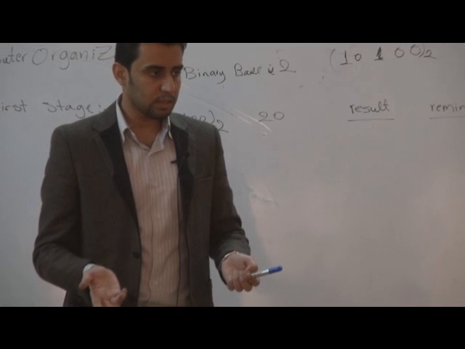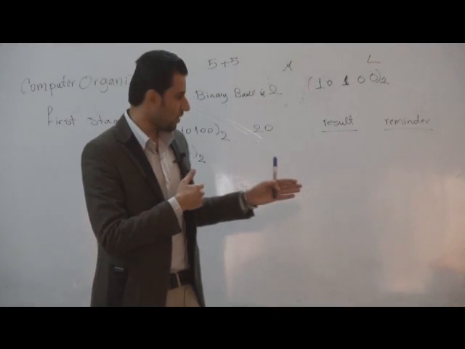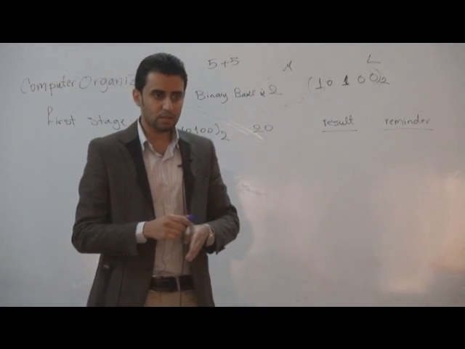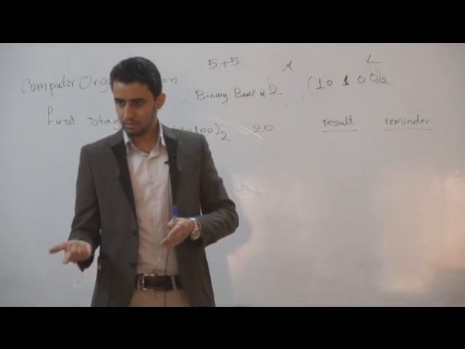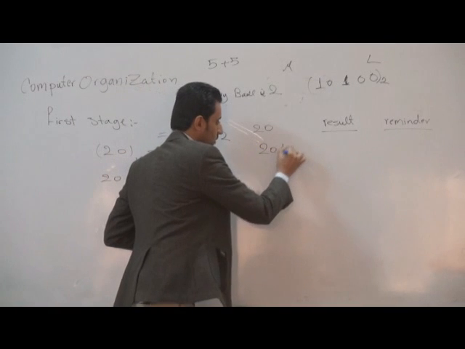Same as with binary. Same thing, we divide, but now we divide by the base of the octal. What is the base of the octal? 8. Okay. So 20 divided by 8.